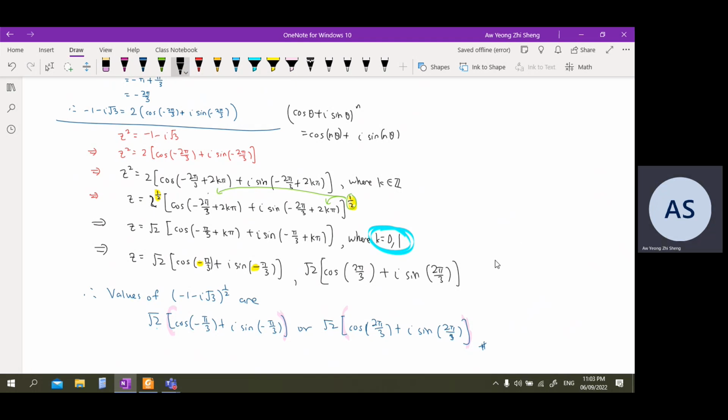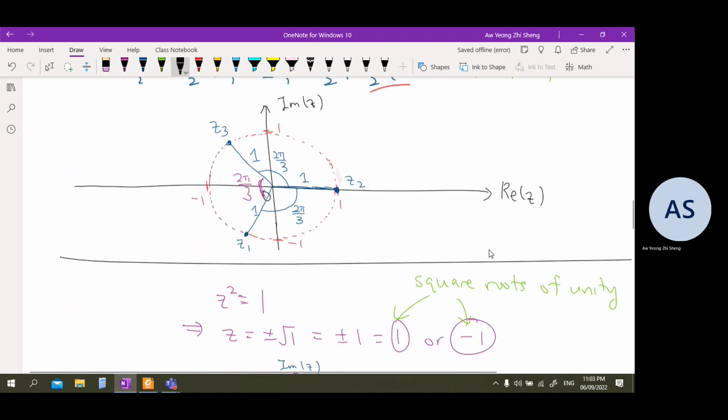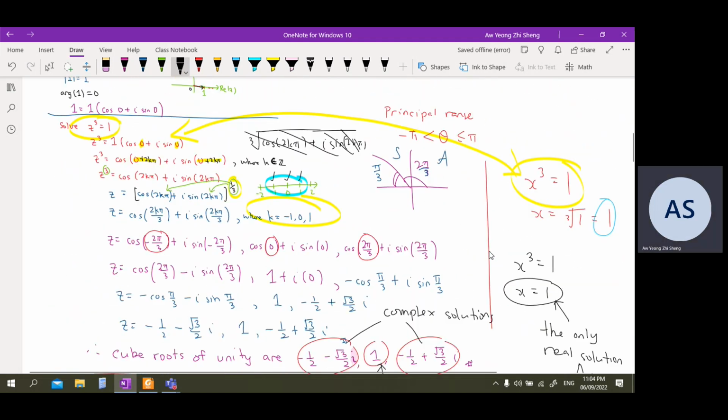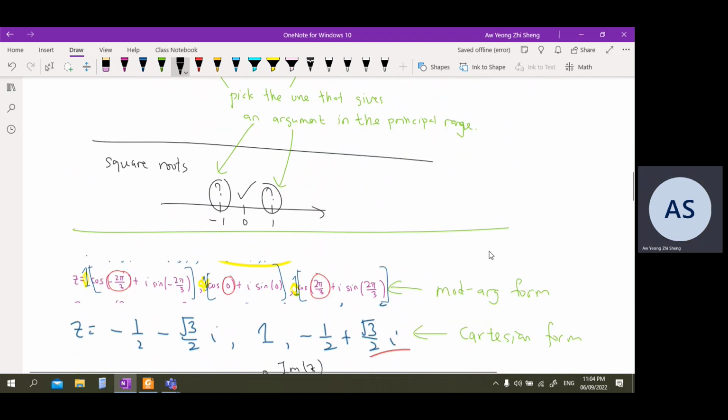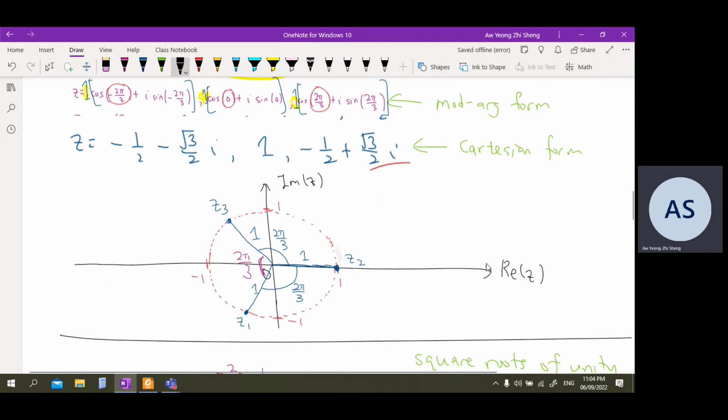Before I forget, I would like to go back to just now the cube roots of unity. Cube roots of unity, yeah, here's the diagram. So just now I forgot to talk about the Cartesian form of the three solutions here. And this is the cube roots of unity.